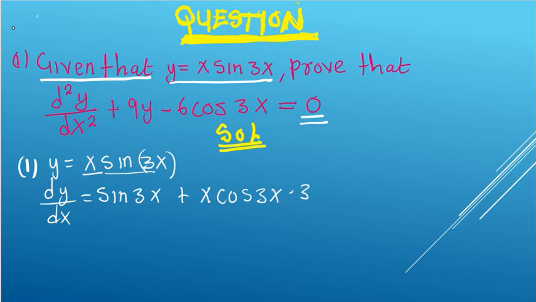Okay, so in other words, what we're simply saying is dy over dx is equal to sine 3x plus x, so this is going to be 3x cosine 3x.